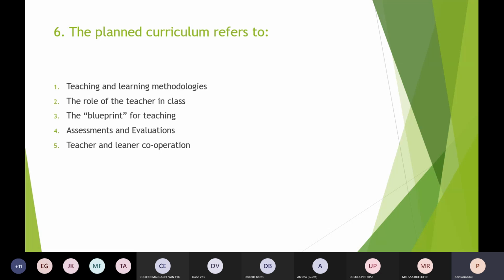Okay. What does a planned curriculum refer to? Does it refer to, number 1, teaching and learning methodologies, the role of the teacher in the classroom, the blueprint for teaching, assessment and evaluation, or teacher and learner cooperation? What does the planned curriculum refer to?